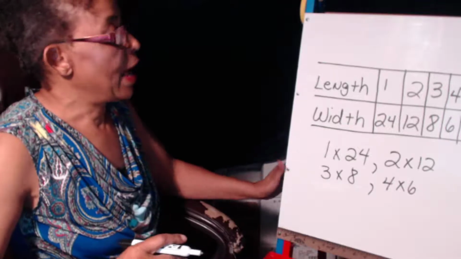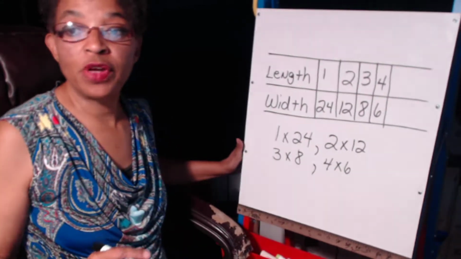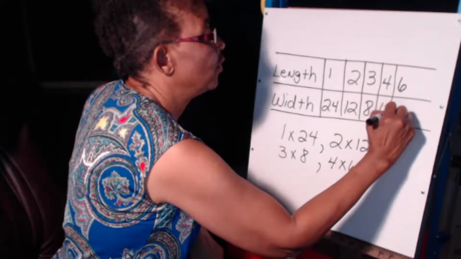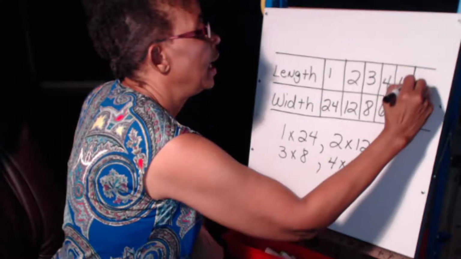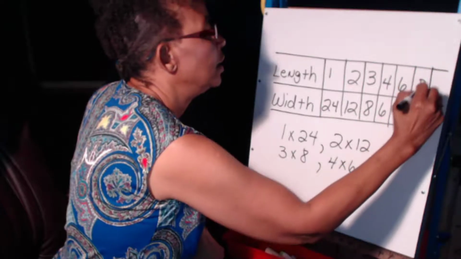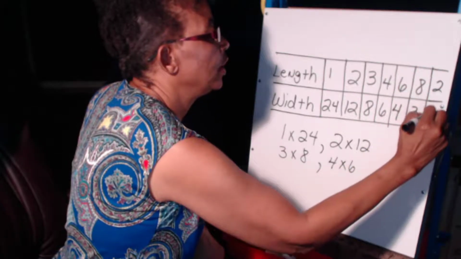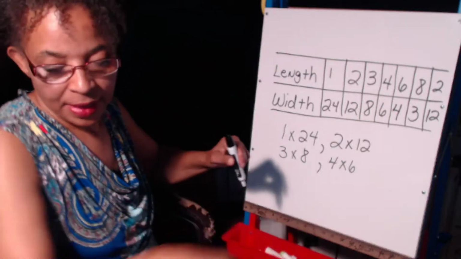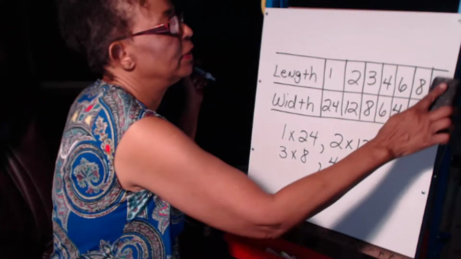So now that we have these, now we're really going to reverse it. Now 6 for the length, 4 for the width, 8 for the length, 3 for the width, and I've run out of space, but, I'm sorry, that should not be 2 and 12.